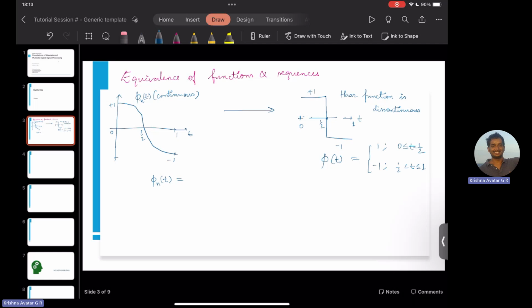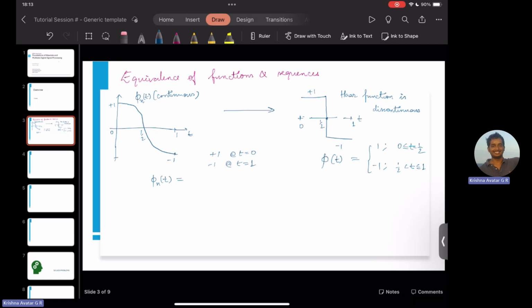Let's just try to hook up something. So this has a property of being plus 1 at t equal to 0 and minus 1 at t equal to 1. Okay, so in this scenario, there are certain possibilities.